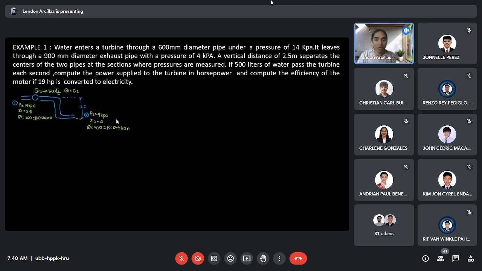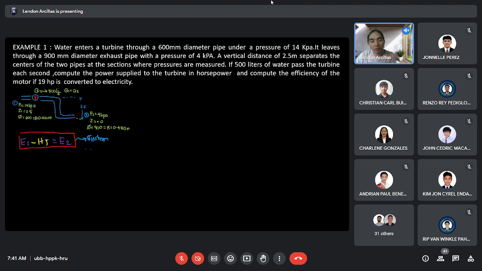So, the formula there, since we are not considering friction because head loss was not mentioned, what is the formula? That is E1 minus HT equal to E2. So, this is head turbine, right? Turbine. So, this is turbine.